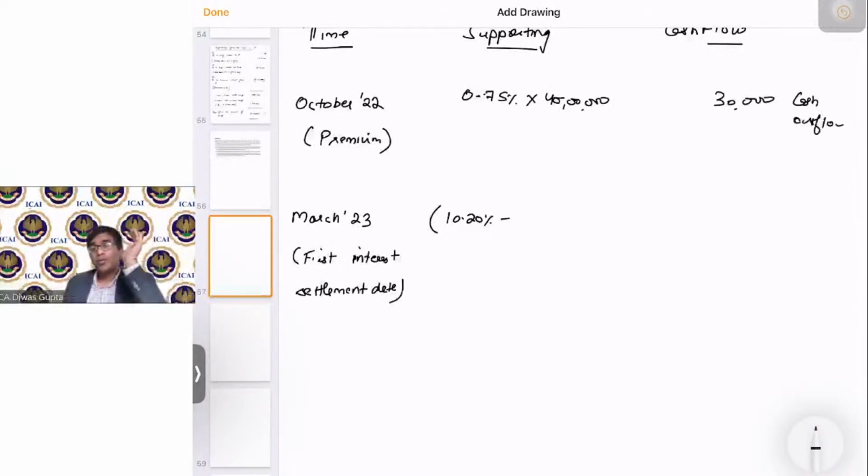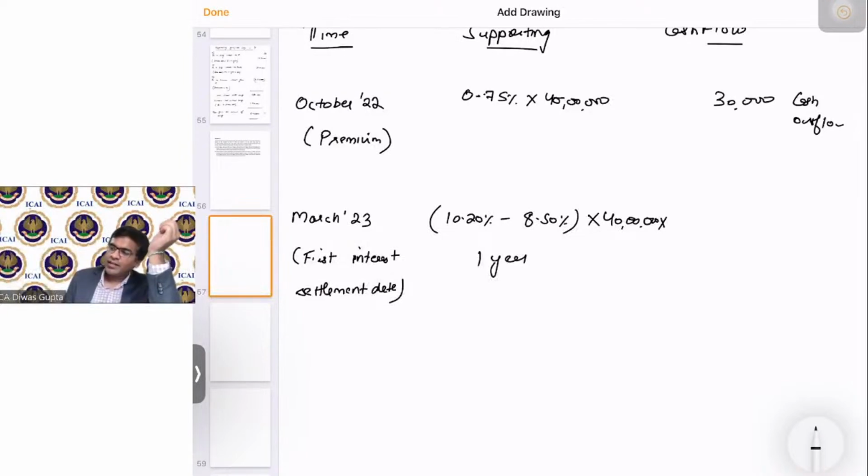Textile manufacturer has an option to borrow at 8.5%. The actual market interest rate is 10.2. So the textile manufacturer will exercise this option of borrowing at a lower rate, and hence the net settlement will happen basis the difference between these two on 40 lakhs for 1 year. This will give us 68,000 as cash inflow.